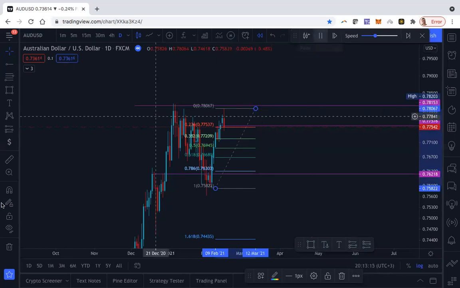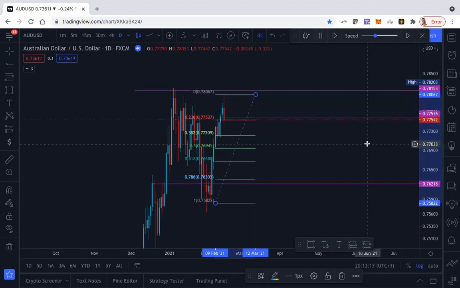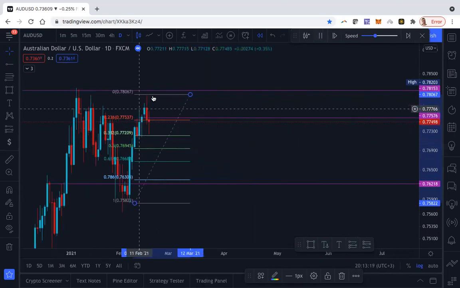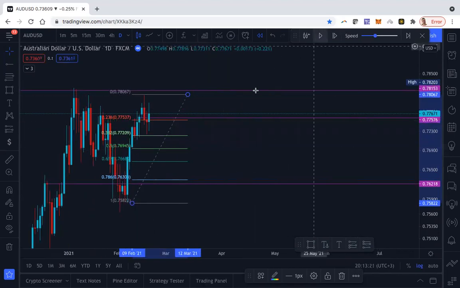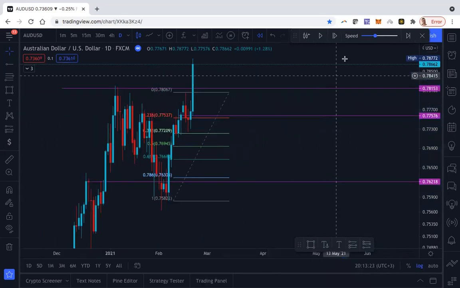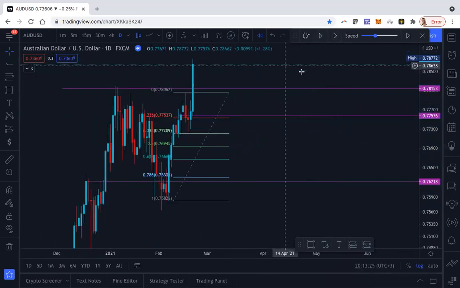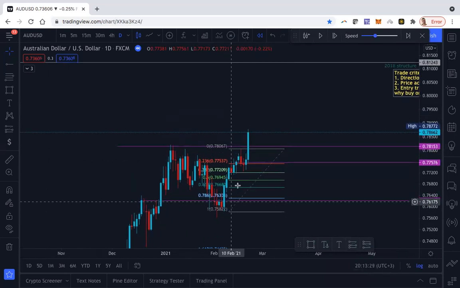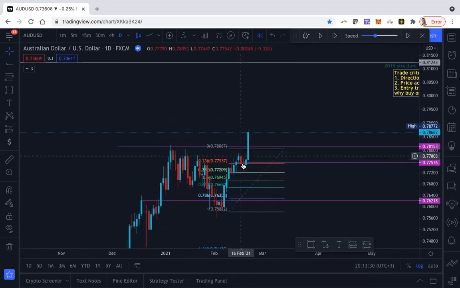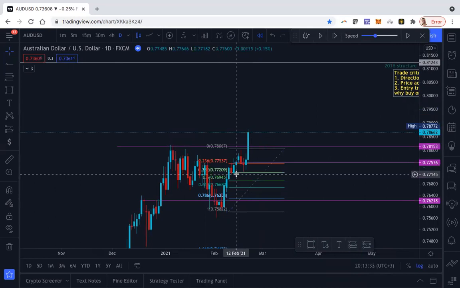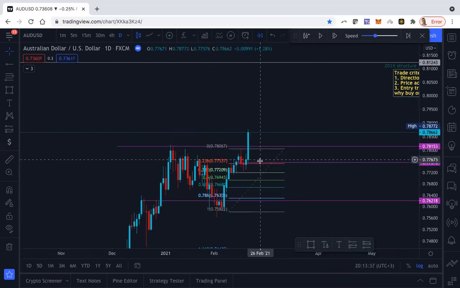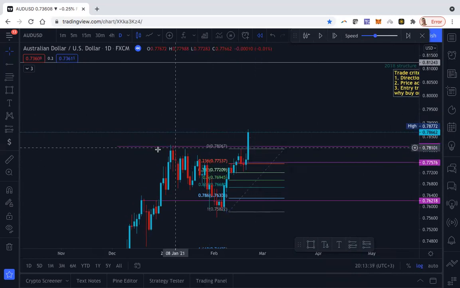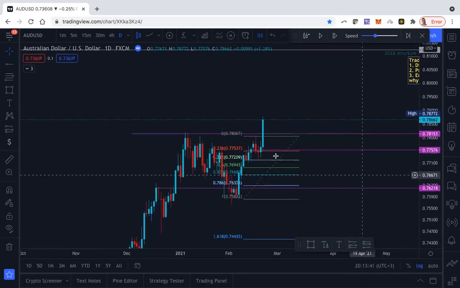So let's just also look at, okay, we're seeing some interesting move. Price got to the 38.2, rejected barely, and then just broke structure above here. So now this changes my setup.